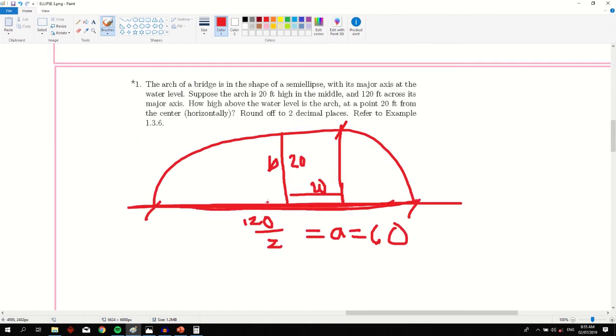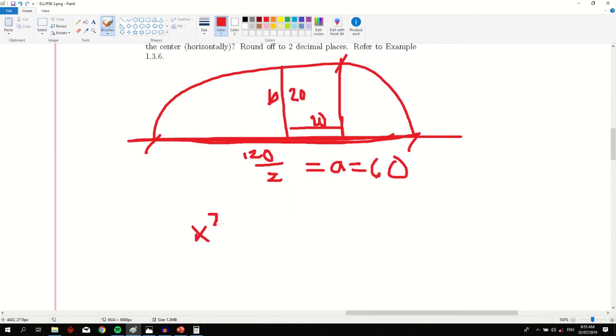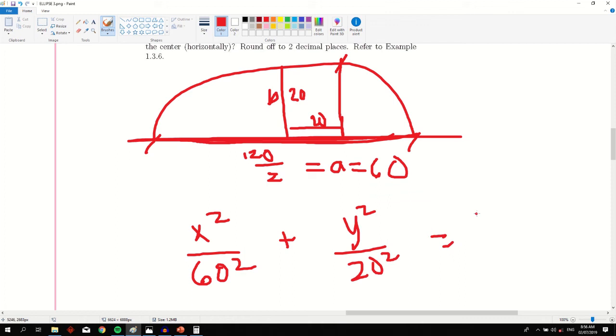Okay, so still it is x square over 60 square plus y square over 20 square equals to 1, since it is still an x major axis.